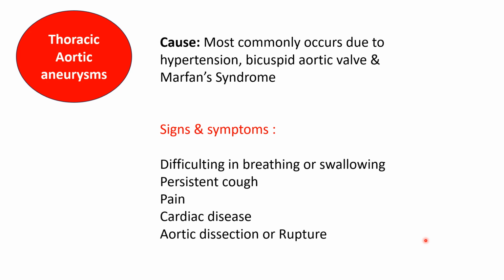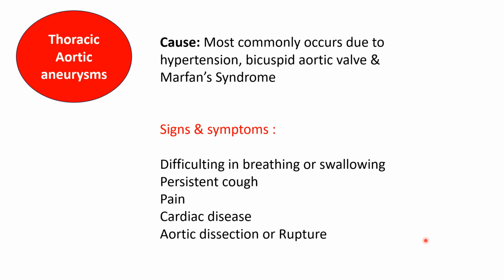A small note on thoracic aortic aneurysm. Thoracic aortic aneurysm most commonly occurs due to hypertension, Marfan syndrome, and bicuspid aortic valve. There can be the following signs and symptoms.